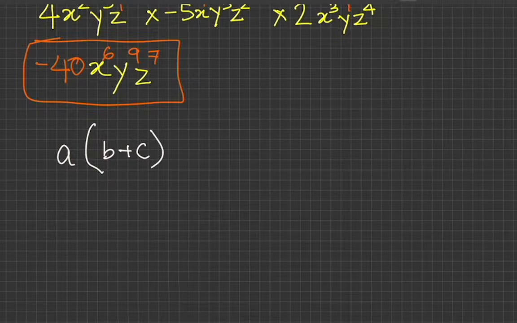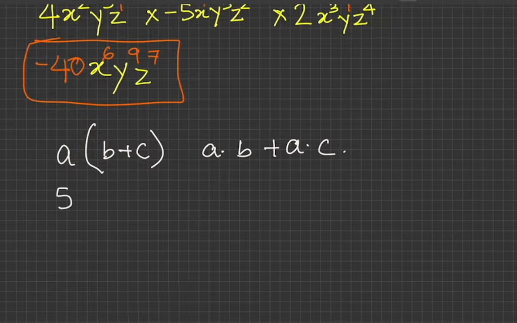We just take that monomial and multiply it with each of the binomial terms. So it will be a times b, plus a times c.